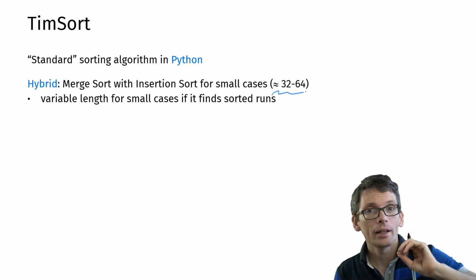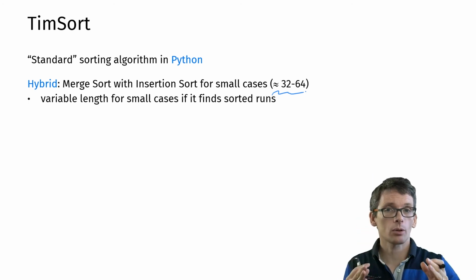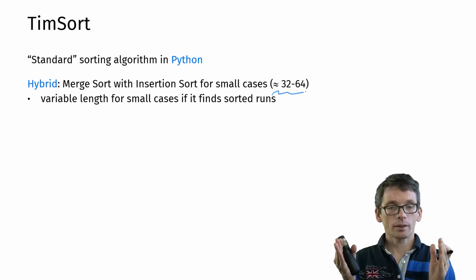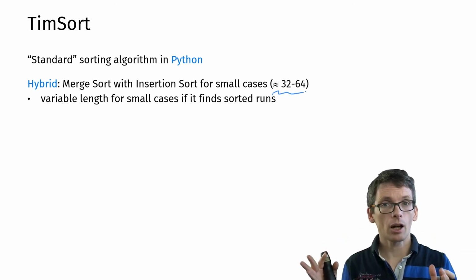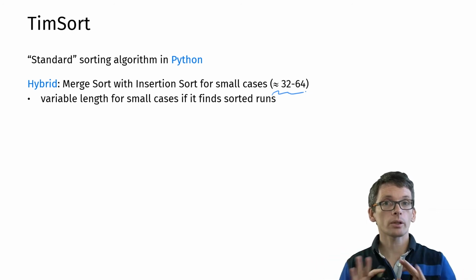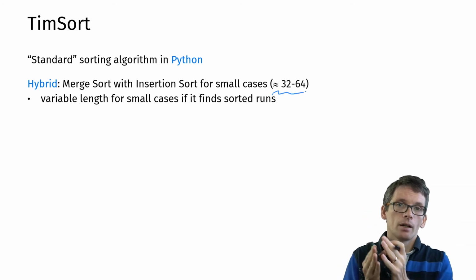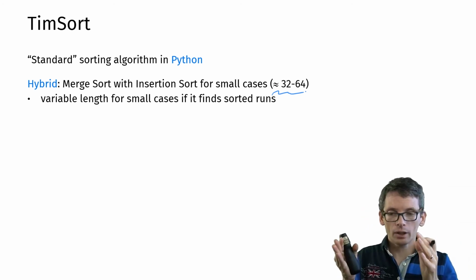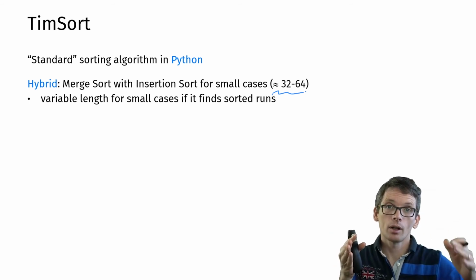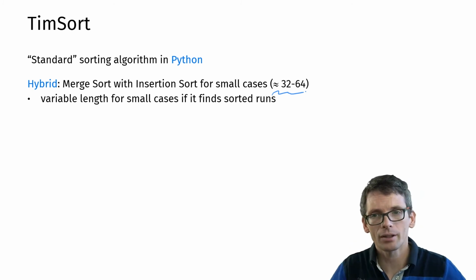Now, in real life data, you often have partially sorted data. So it's not unlikely that you see parts of your data that are already sorted. Those parts, ideally, you just don't want to touch. So insertion sort is perfect for it. And that's why, while you're doing insertion sort on smaller parts and you see, oh, I could actually go further without extra cost because it's already sorted, then you do so. And that's why we get this variable size.